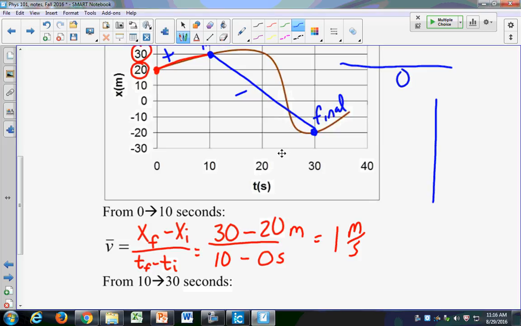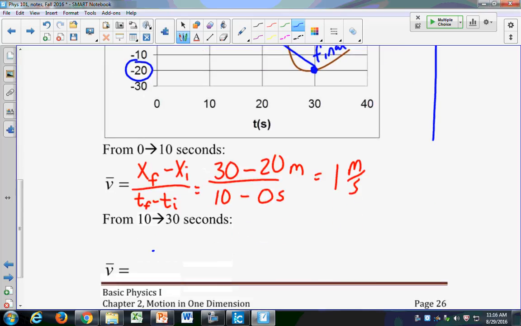Okay, so from 10 to 30 seconds, you might have already done this, but it's going to be minus 20, that's my final, minus 30 meters divided by 30 seconds minus 10 seconds.